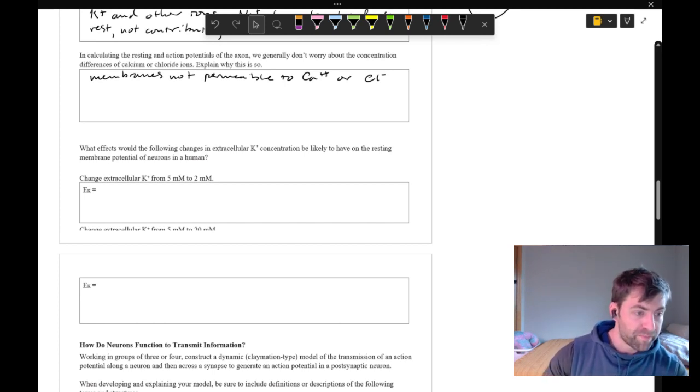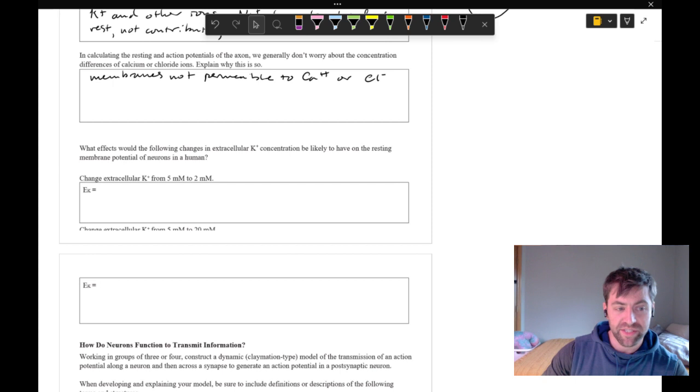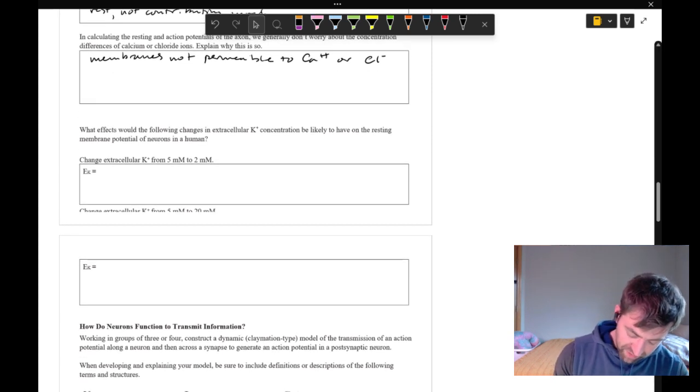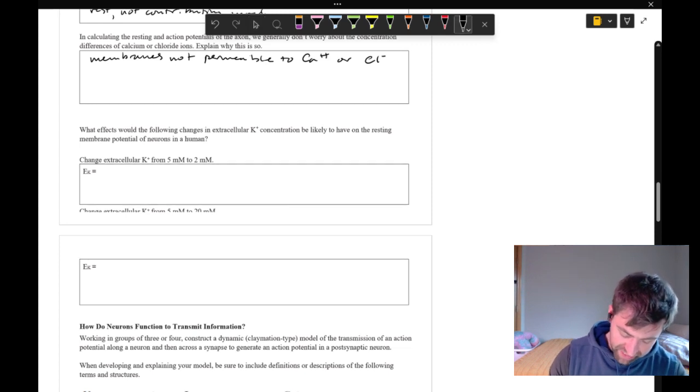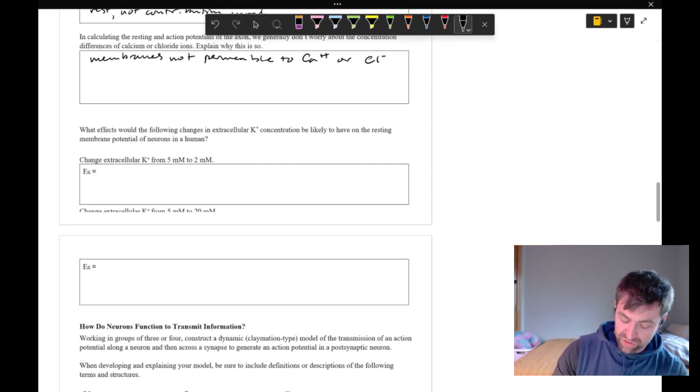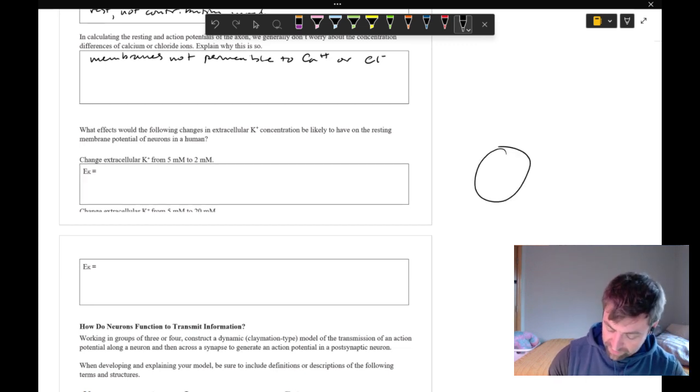What effect would the following changes in extracellular potassium concentrations be likely to have on the resting membrane potentials of neurons of a human? So if we decrease extracellular potassium from 5 millimolar to 2 millimolar.